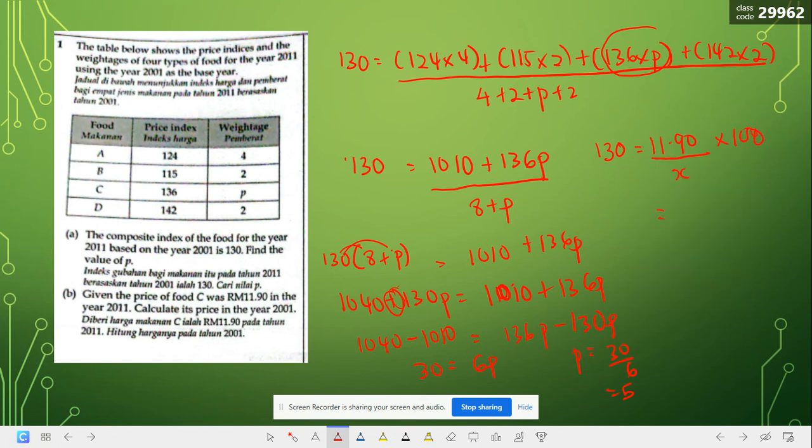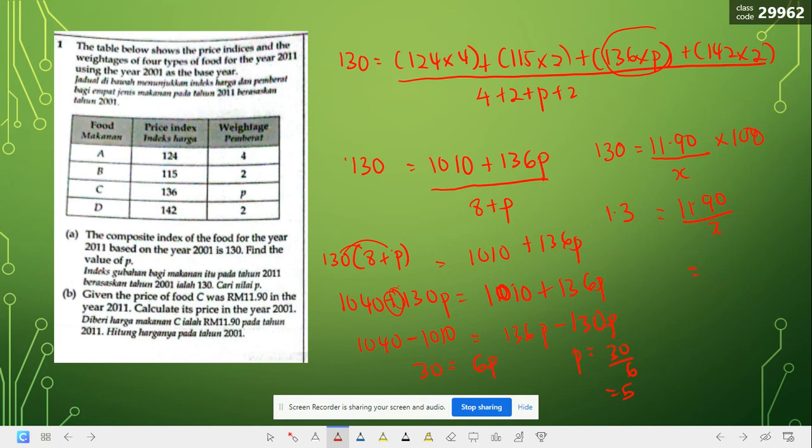So we just divide. You get 1.3 here, right? So 11.90 divided by 1.3 equals X. So 11.9 divided by 1.3.